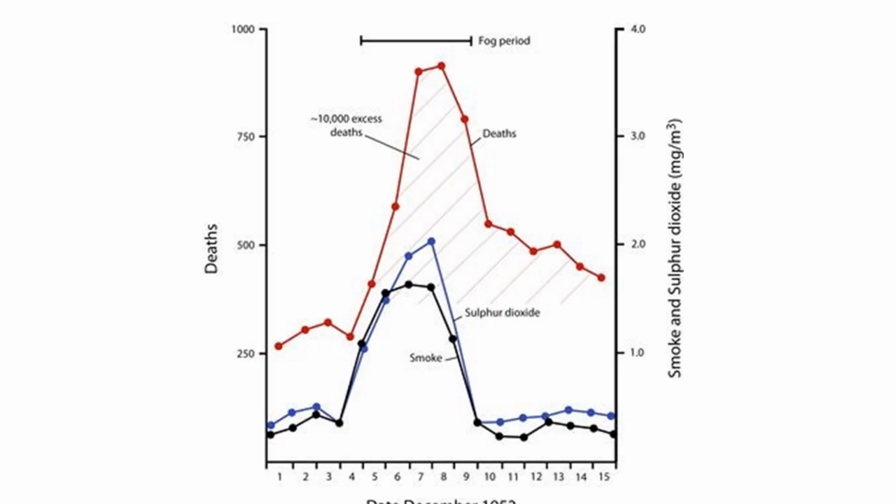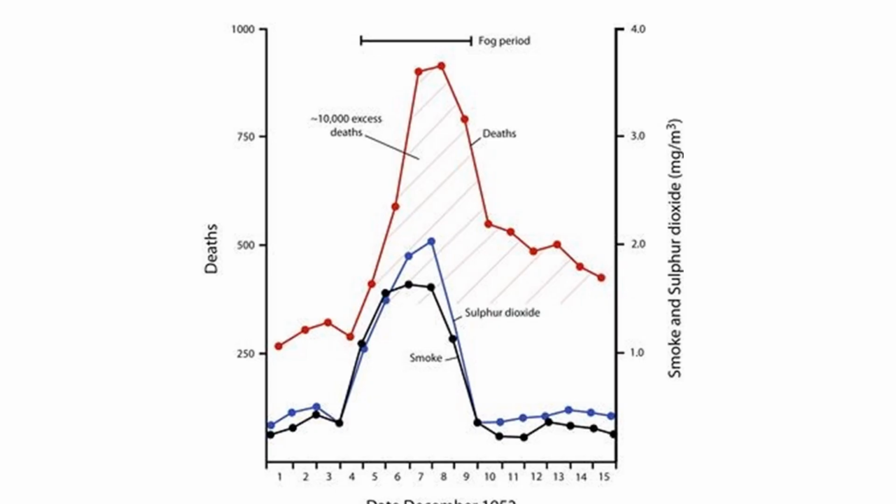This is the epidemic curve that they prepared to study the reason for those deaths. We can see the number of deaths on the vertical axis with days of December of that year on the horizontal axis.